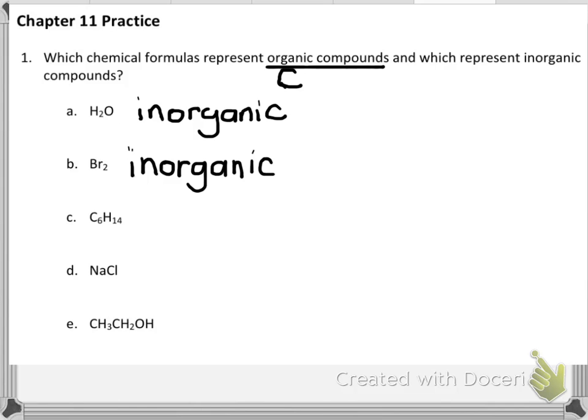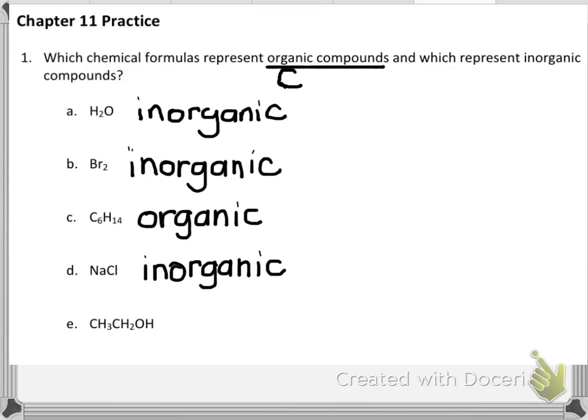Now letter C, C6H14, which would be hexane, you notice there's the carbons and hydrogen, so those carbons there tell us that this is an organic compound. Sodium chloride is a salt, and those are inorganic. It's an ionic compound.